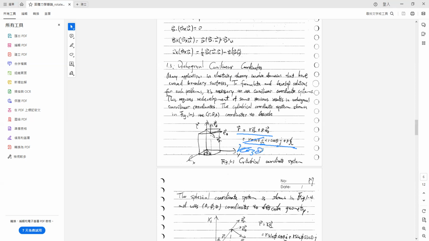It's r cosine theta i plus r sine theta j plus z k. I got it wrong because we can see from this diagram that the vector on the x-axis is r cosine theta and the vector on the y coordinate is r sine theta.